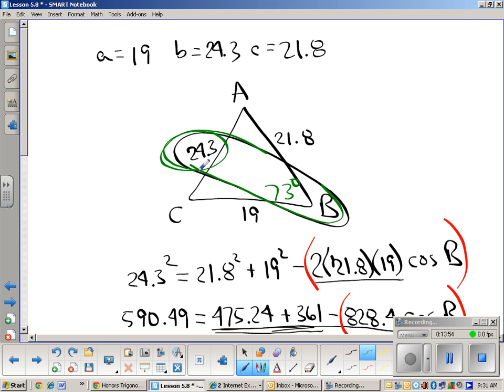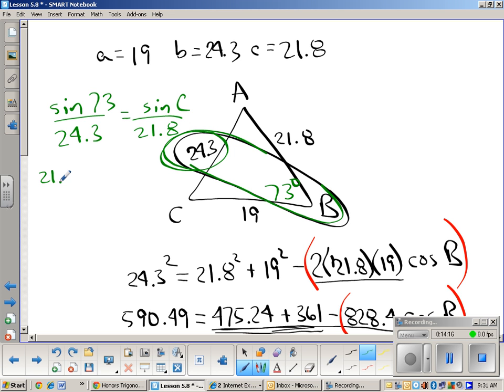Okay? So I'm going to say that sine 73 over 24.3 equals sine C over 21.8.